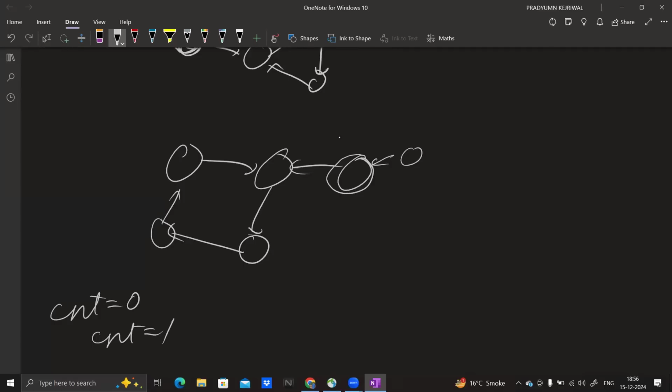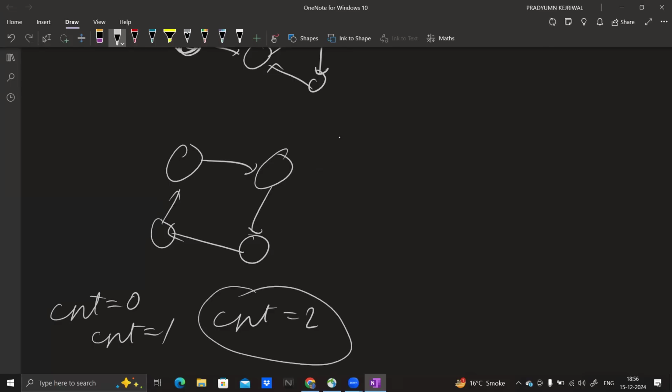So in the second iteration, I can delete this node and count will become 2. So it will become like this. And then after that, I can see that there are no nodes with in degree 0. So count equals 2, which means 2 plus 1, that is 3, is my answer.